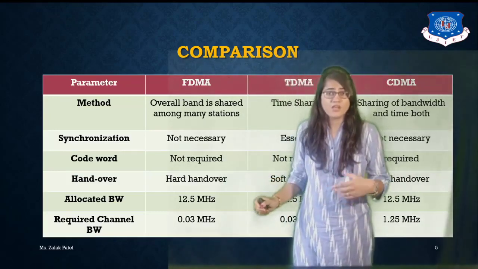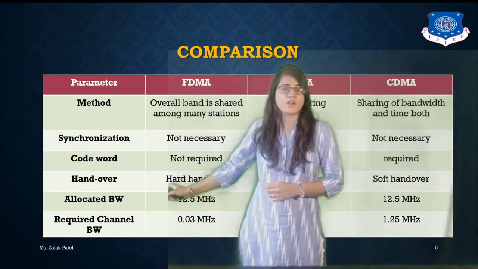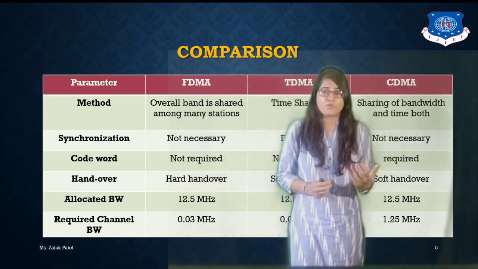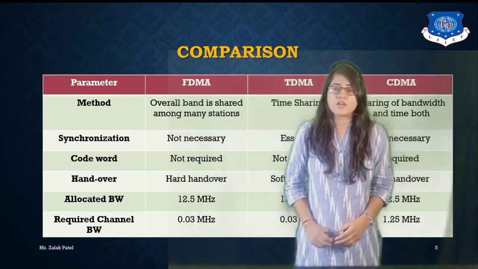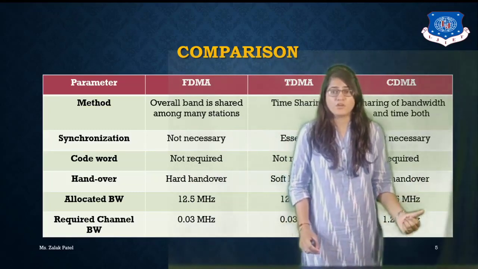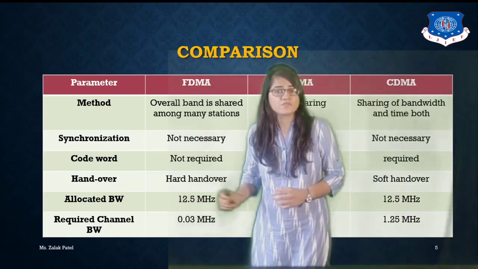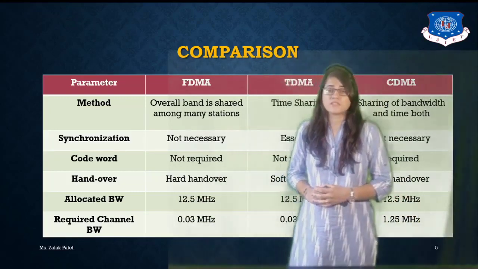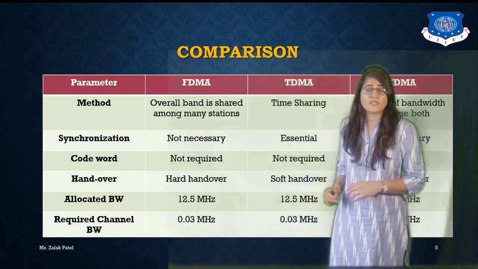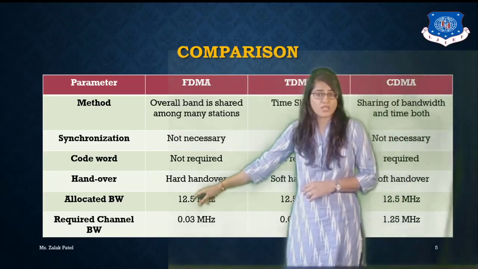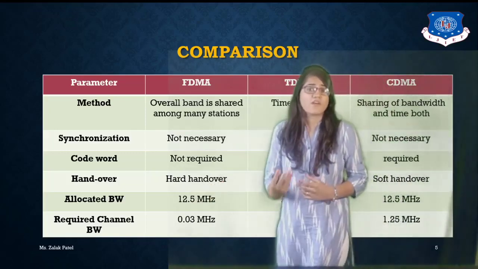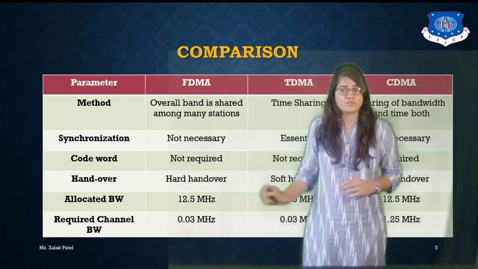The next parameter for the comparison is allotted bandwidth. In all the three cases, the allotted bandwidth is 12.5 megahertz. Now, if we want to talk about the required channel bandwidth, in case of FDMA, it is 0.03 megahertz.